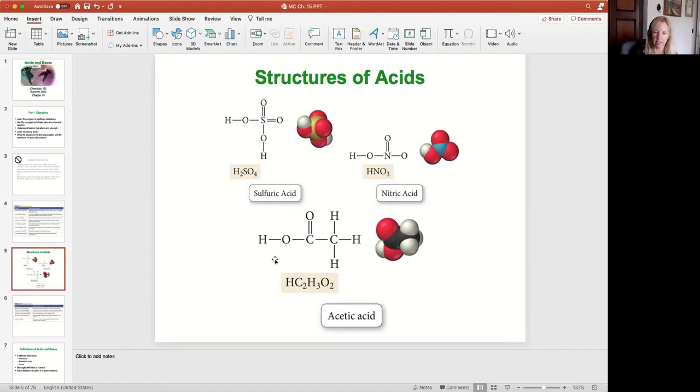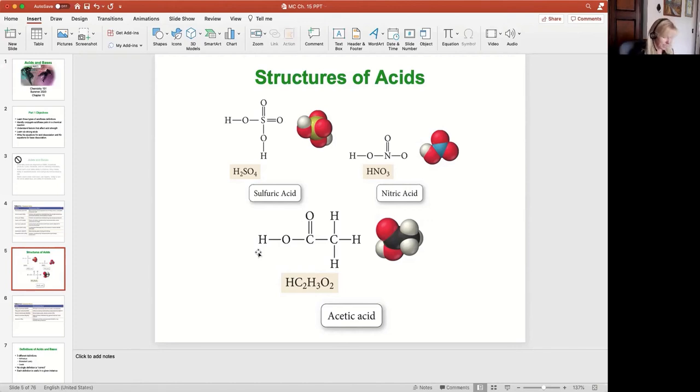So acetic acid is only going to lose 1 hydrogen, even though it has 4 in its structure, because it's only going to lose this hydrogen that's bound to the oxygen. So in oxo acids, the hydrogen that's bound to the oxygen is the hydrogen that's going to come off. In a binary acid, you only have a hydrogen and a nonmetal, so obviously the hydrogen is the one that gets lost.